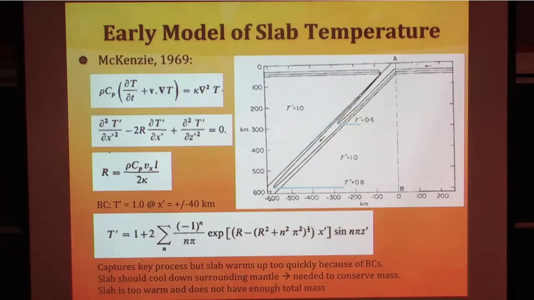So taking into account that initial half-space structure is important because the continued heating of the slab from the bottom is very slow. Most of the heating of the slab comes from the top.